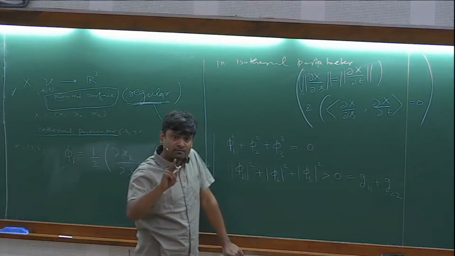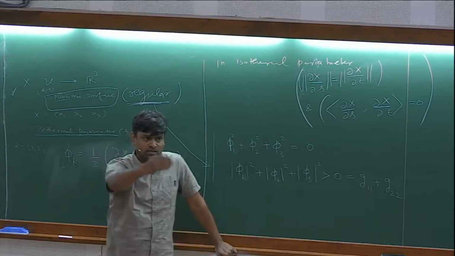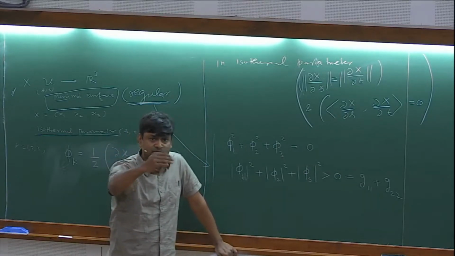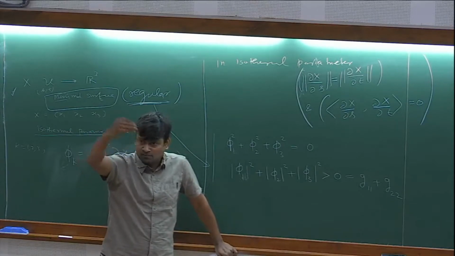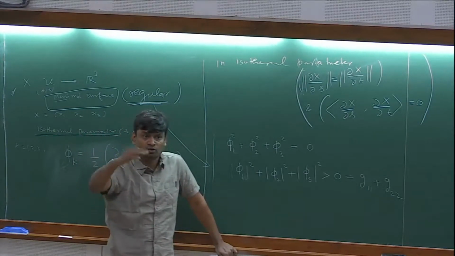What is a minimal surface? Minimal surfaces are the surfaces whose mean curvature vanishes, as you have seen last class. This means the principal curvatures are equal and opposite, k1 equal to minus k2.